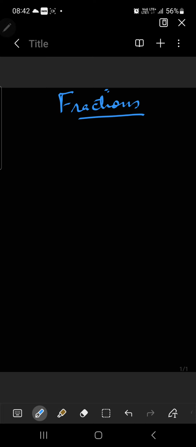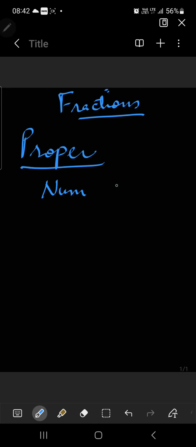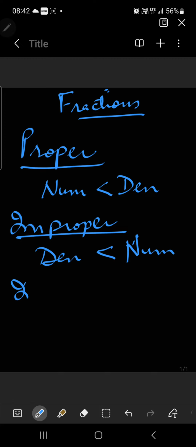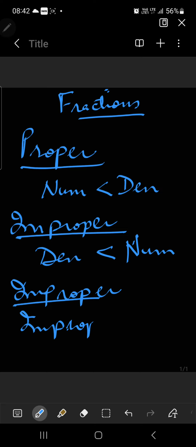I'm just quickly going through the revision part of these three types of fraction. In proper fraction, your numerator is less than denominator. In improper fraction, your denominator is less than numerator. And in mixed fraction, you write your improper fraction as an integer or whole number and a fraction.